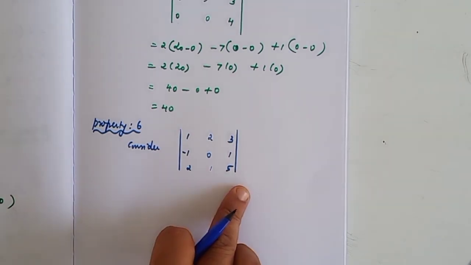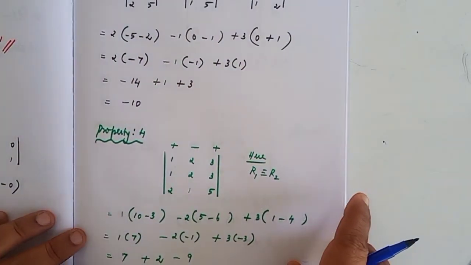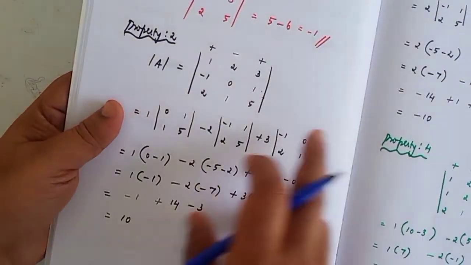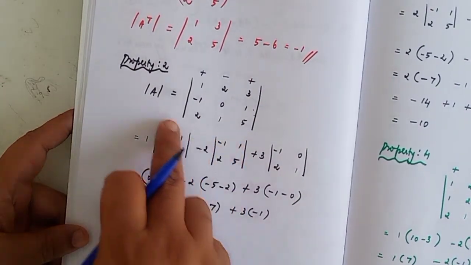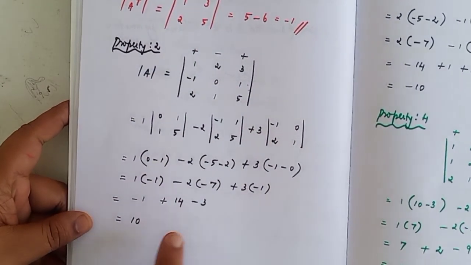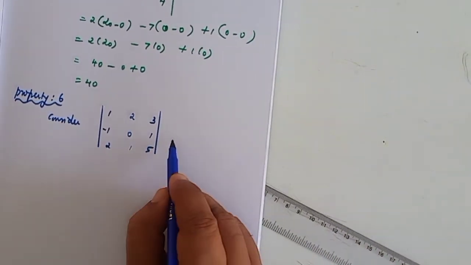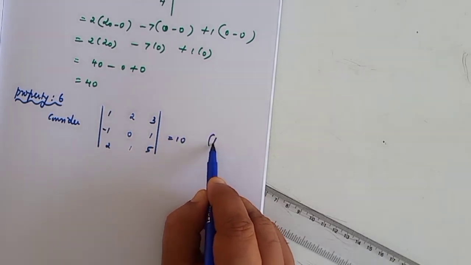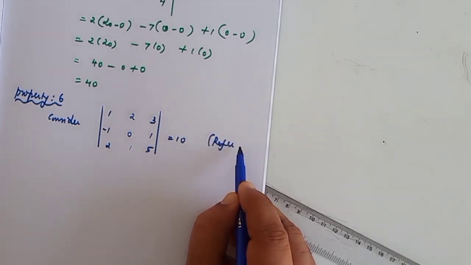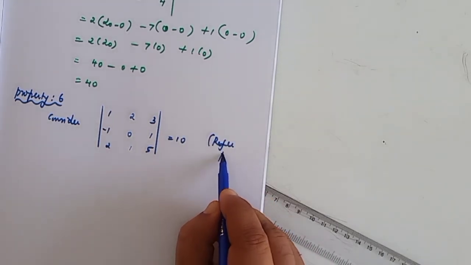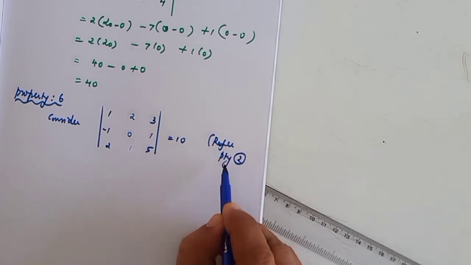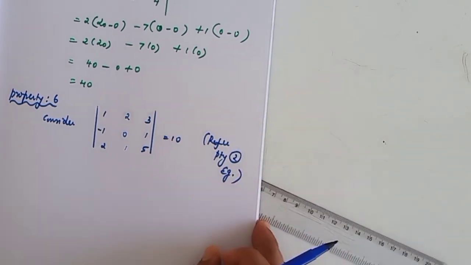This is the example that I have taken in property number 2, the same example. You know that the determinant value is 10. I directly write here, that is equal to 10. You can refer to the property number 2 example. Okay.